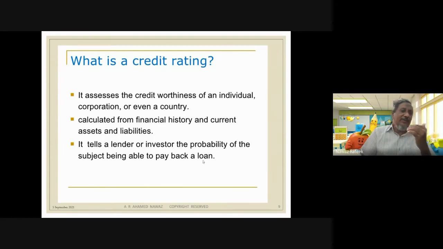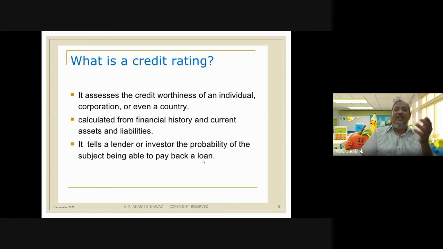So they predict what could be the future of the company being rated. It tells a lender or investor the probability of the subject being able to pay back the loan, depending on the historical performance of a business, whether the customer can repay his facilities in the future.